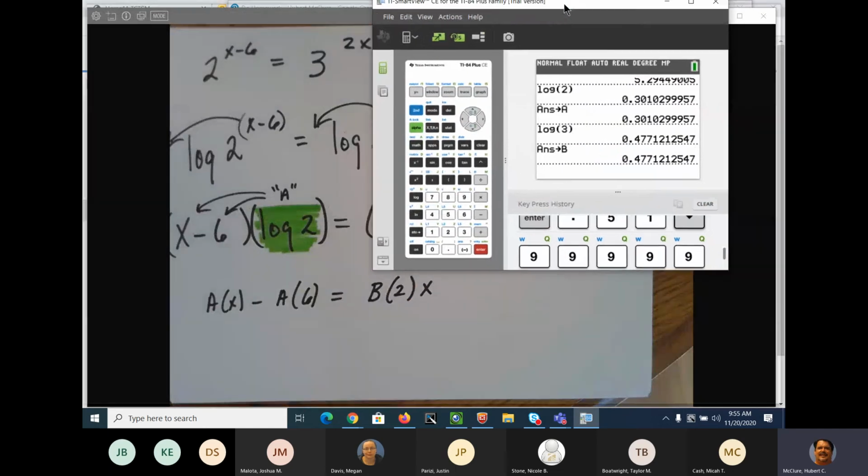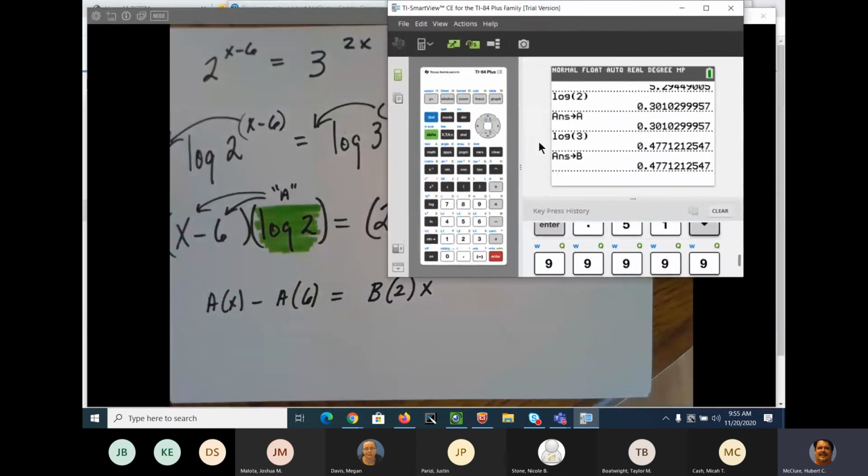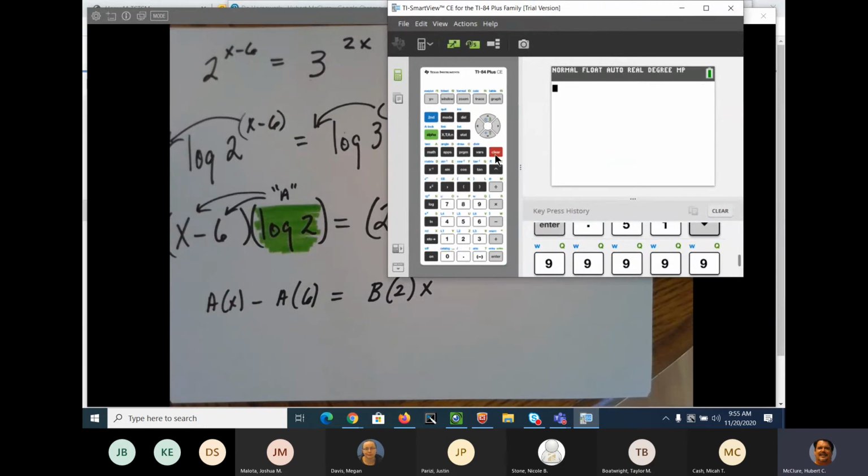Okay, now I'm going to find out what A times 6 is. So I'm going to take my calculator and go alpha A times 6. You can write it down or you can round it.